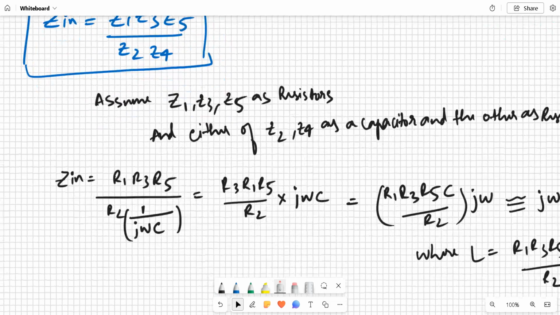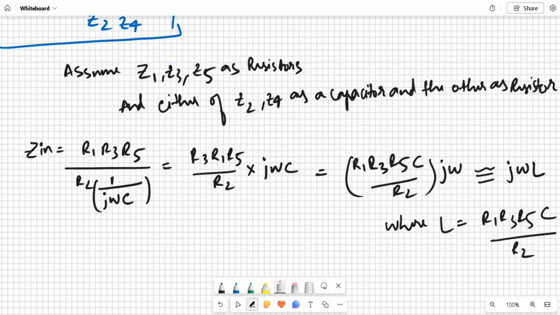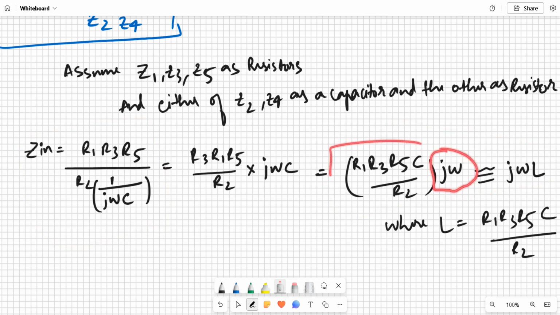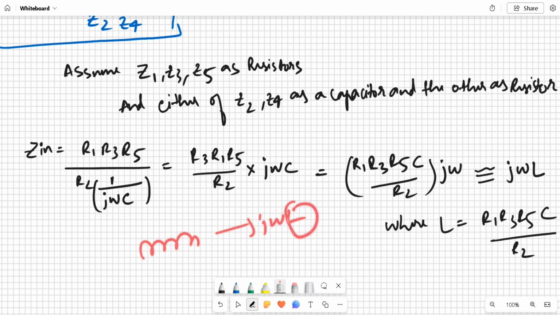Now the equation for Zn is in this form, and if we rearrange, it gives us a relation like an inductor. After rearranging, we get j omega times some value, so it is similar to the impedance of an inductor. For an inductor, the impedance is j omega L. So L is this value, and by changing R1, R3, R5, C and R2, we can tune the value of the inductor.